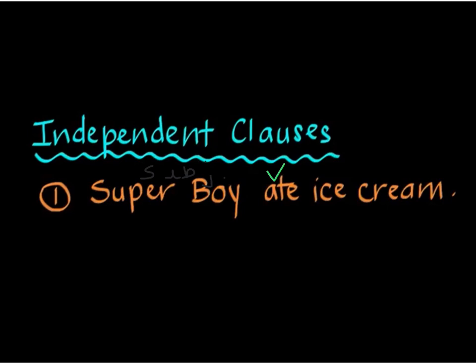And then I'm going to chop here in between my subject and my predicate. So Superboy is the subject, and my verb is ate. So notice that we do have a subject and a verb here. And Superboy ate ice cream makes sense, so that is an independent clause. It can stand by itself.